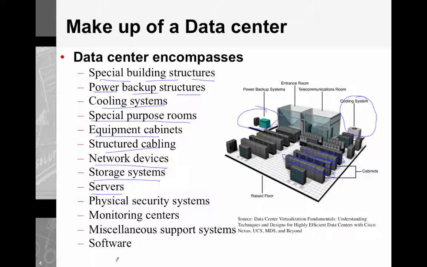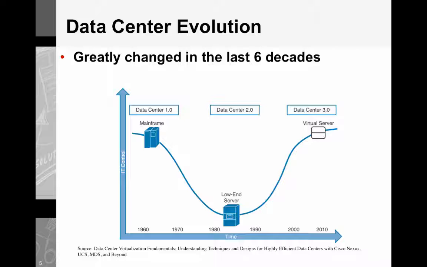Security is another important aspect, which is physical security. There are also monitoring centers, special rooms where people sit down and monitor the entire data center. And then there are miscellaneous other support systems. And the most important thing is there is software. There's a very important piece of software called virtualization software, which we are also going to talk about in this module.